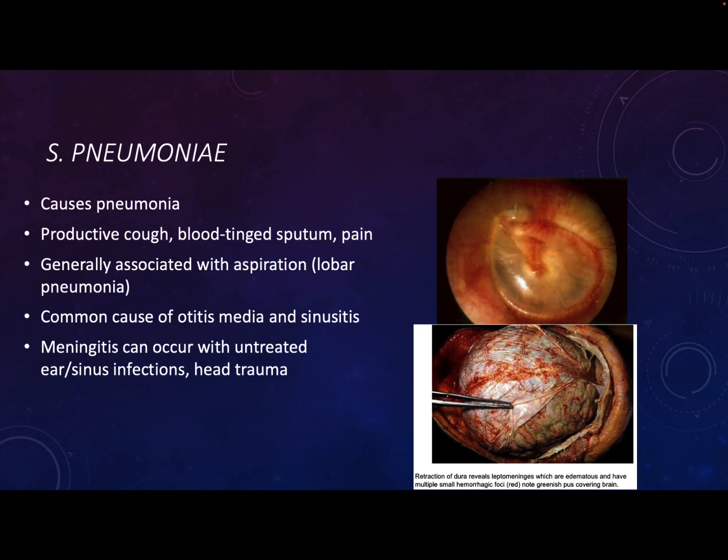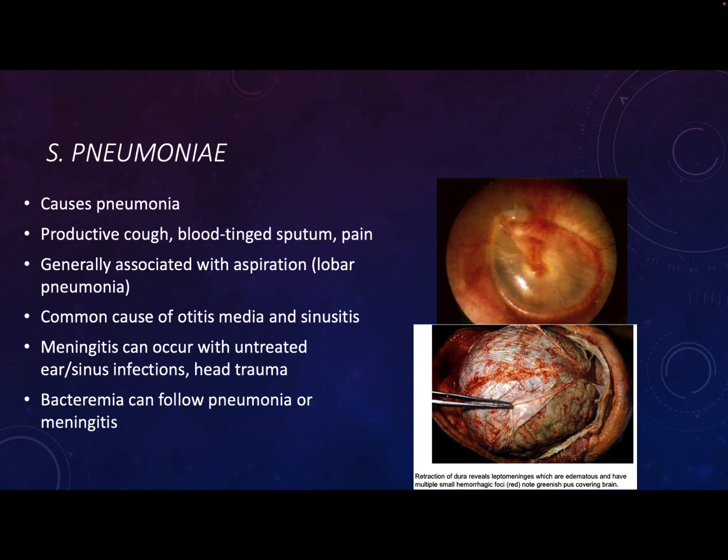They're trying to show this has meningitis: there's fluid buildup, multiple small hemorrhages, and greenish pus covering the brain. So when the bacteria get in there, that's what they can do. And this is a picture from an autopsy of a patient who died of meningitis.